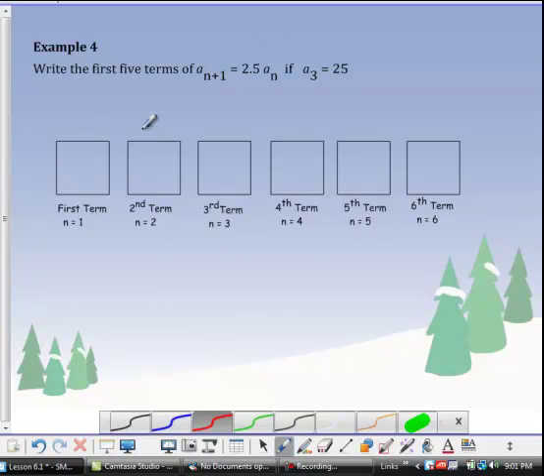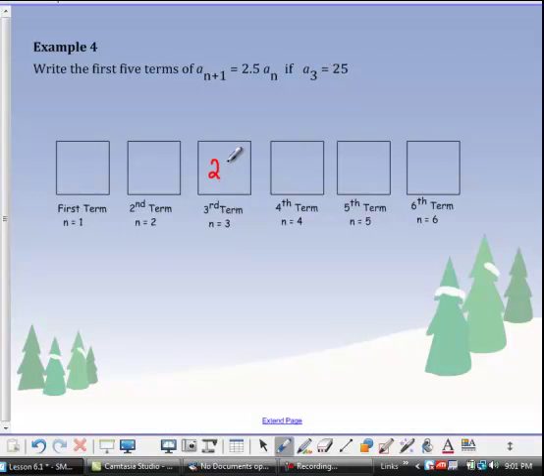All right, last example. Example 4. Write the first 5 terms. A sub 3 is 25. Oh, thank goodness. There's a term right there I can put in. Now, if I look again, this is again a recursive formula, because you need to know the term before in order to get the next term, because n comes before n plus 1.